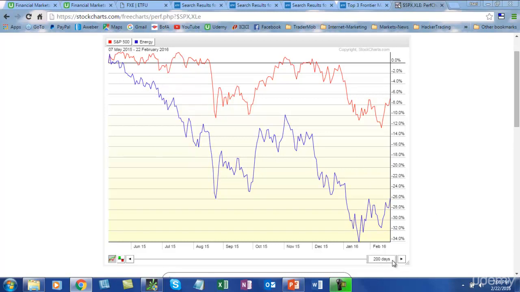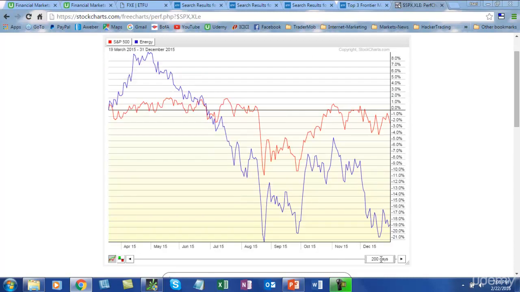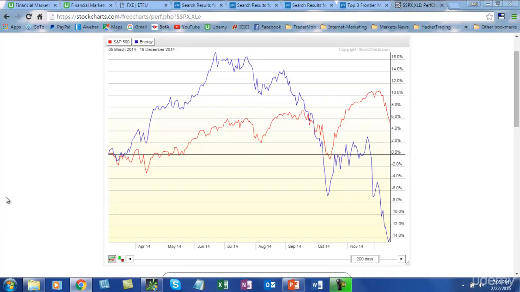So now this is a good indication, and as it goes even further, you can see the divergence is just increasing, and therefore that tells you it's really weak. But let's go back further. So sometime in April or May, June, July, up until September, the energy ETF was outperforming the S&P. But over here, September or October of 2014, you can see it crosses down.